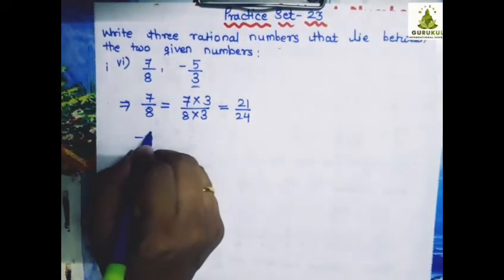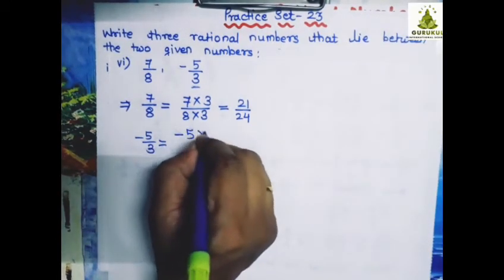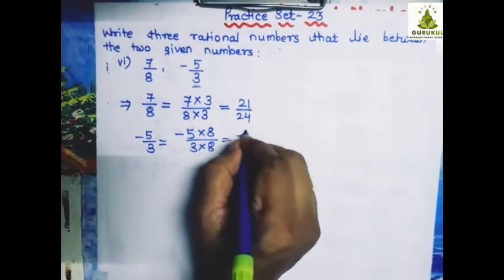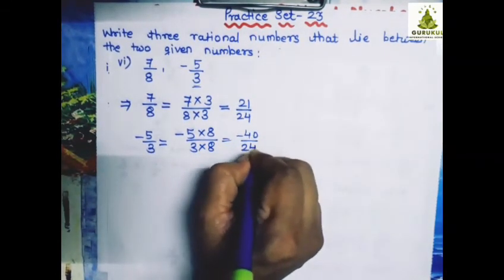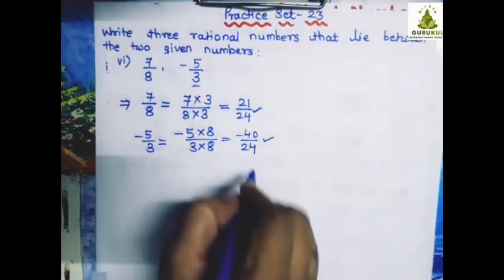And minus 5 upon 3, you have to equalize the denominator by multiplying it by 8, and it will become minus 40 upon 24. So, these two fractions we get, and we have to write the numbers in between them.